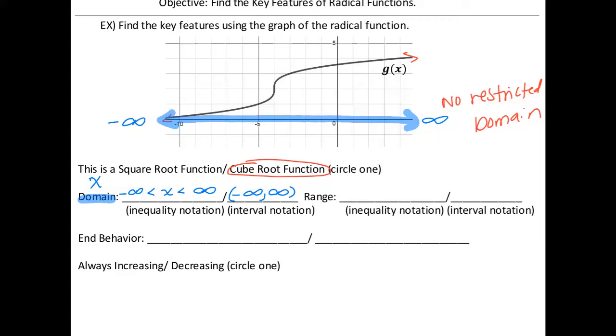Then I have the range values. So the range values are the y values. Again, I have no restriction at all. I have no endpoints. So I'm going to highlight the whole y-axis. And that also goes from negative infinity to positive infinity.